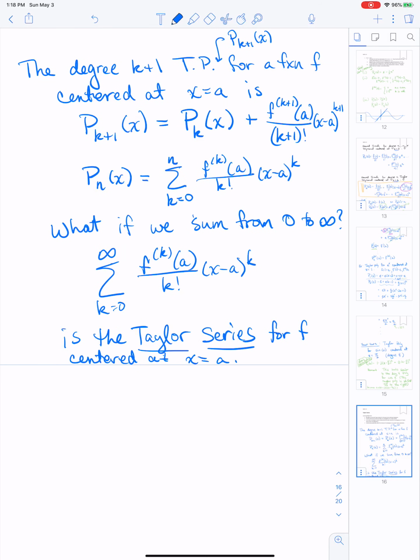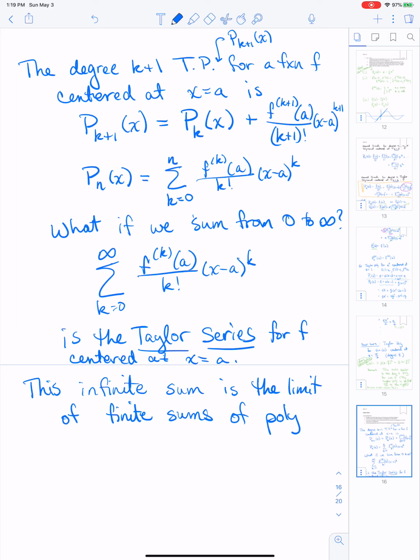So, okay, now we have a definition, and what we're thinking about is that this particular infinite sum, we can think about as the limit of finite sums of polynomials.